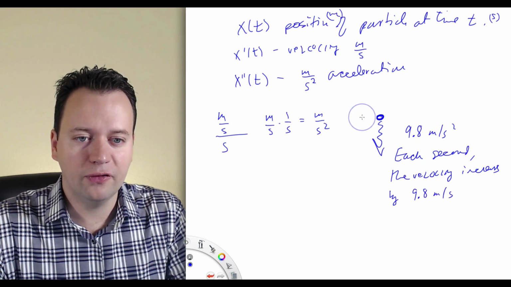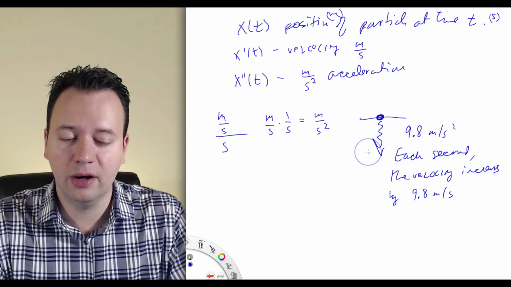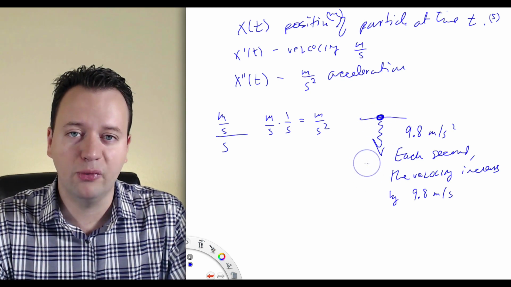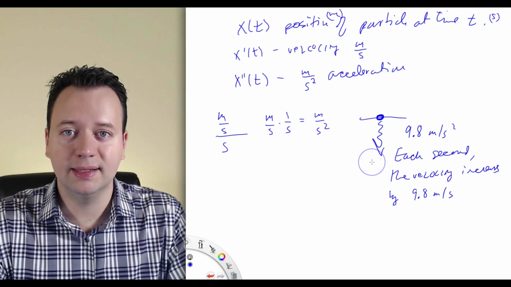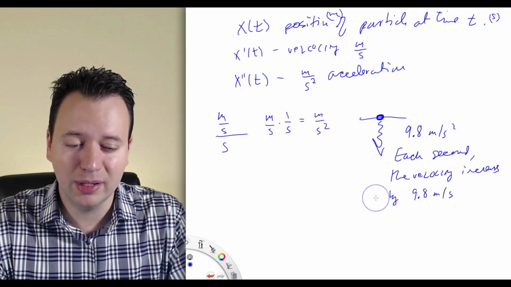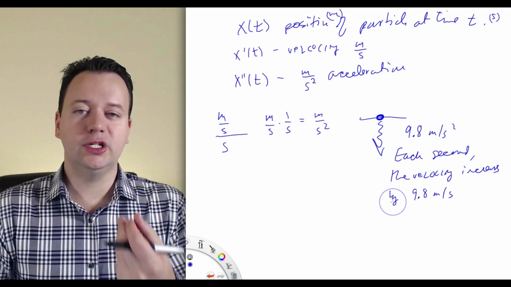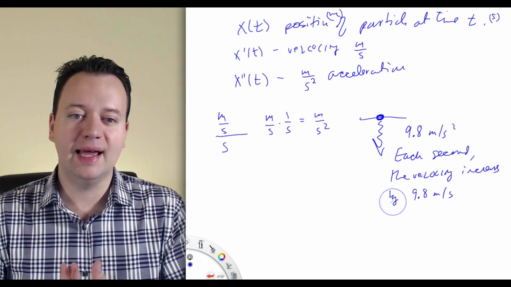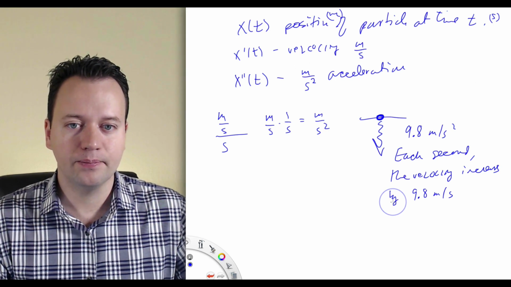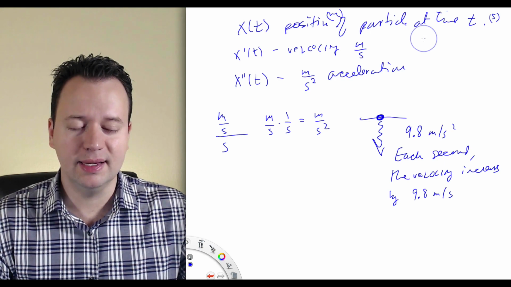So you start off at rest, 1 second later in your free fall, you'll be traveling at 9.8 meters per second. 2 seconds later, you'll be traveling at 19.6 meters per second. So each second, 9.8 meters per second is added to the velocity. So that is the second derivative.